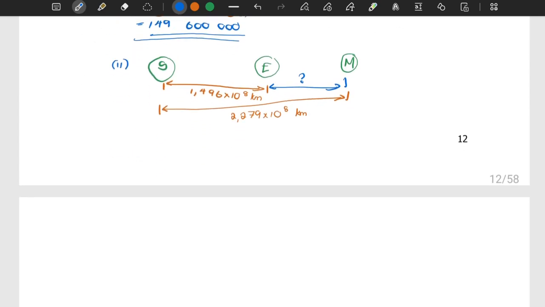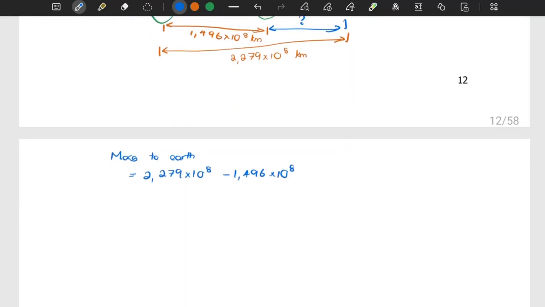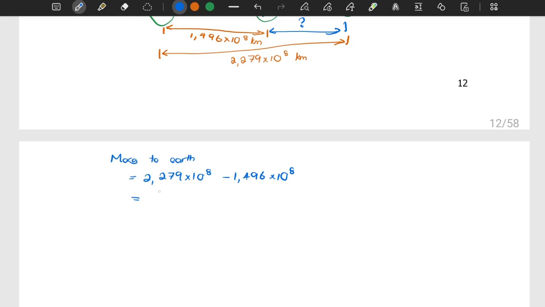So Mars to Earth will be equal to 2.279 times 10 to the power 8 minus 1.496 times 10 to the power 8. This is a paper 2, so you can put that in a calculator, and then you end up with a solution which is 7.83 times 10 to the power 7 kilometers.